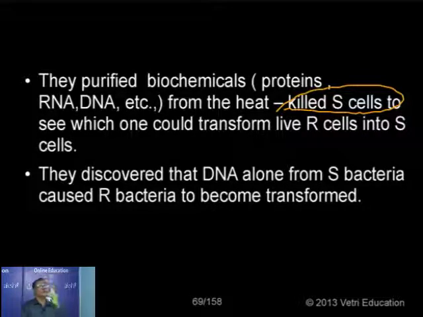From these purification methods, they were able to know that only the DNA from the S bacteria had caused the transformation of the R strain into the S strain. After purification, they further treated the cells, for example the S cells or the R cells, and did some experiments.